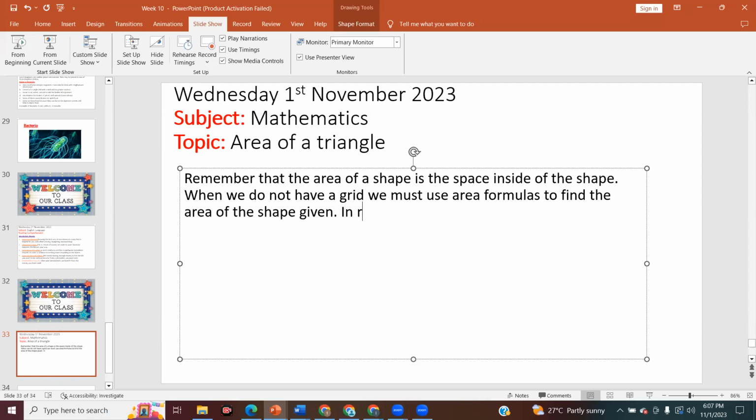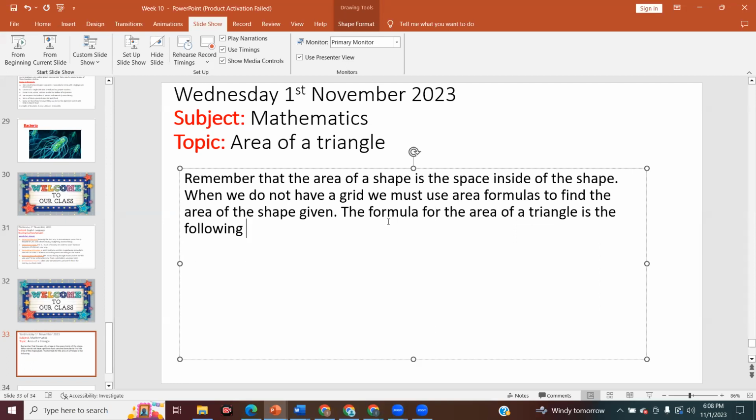The formula for the area of a triangle is the following.